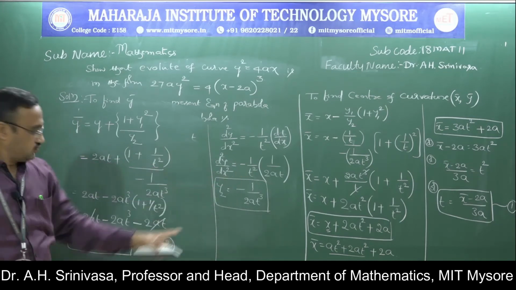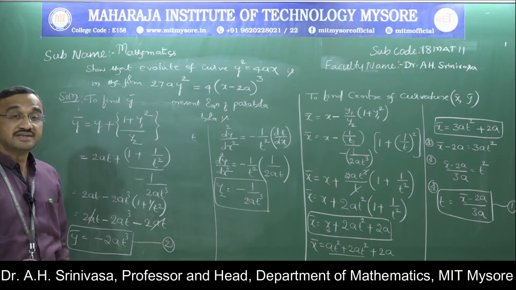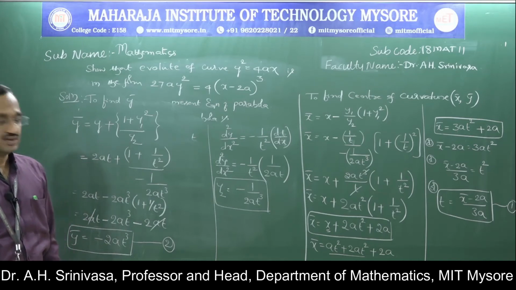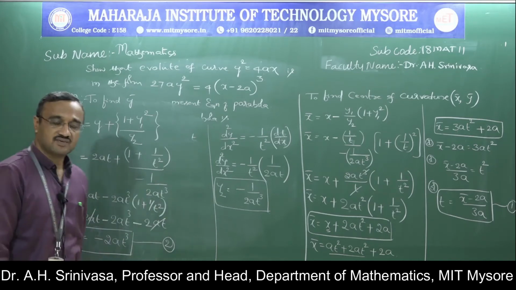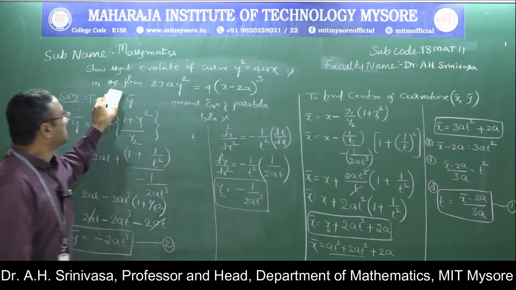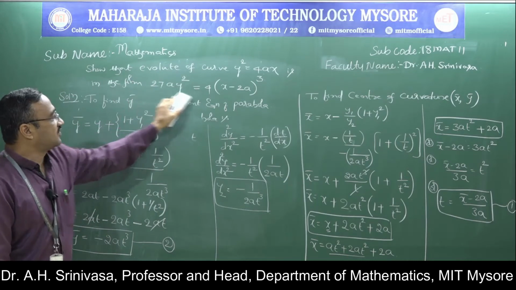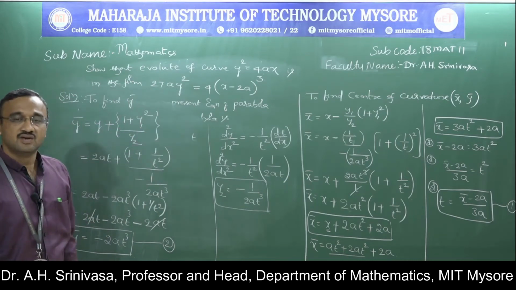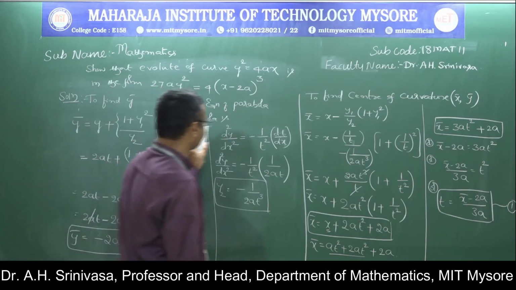Now using 1 and 2, we are going to eliminate the value of t. Then after that, it gives the center of curvature of the curve in this form.